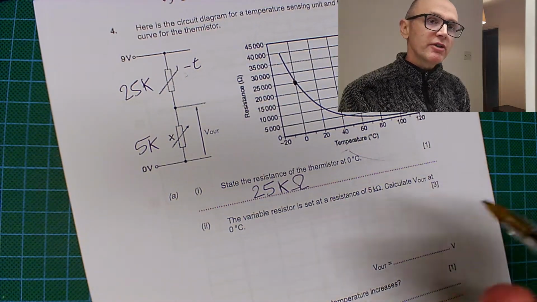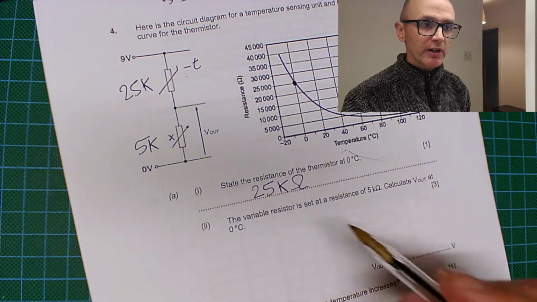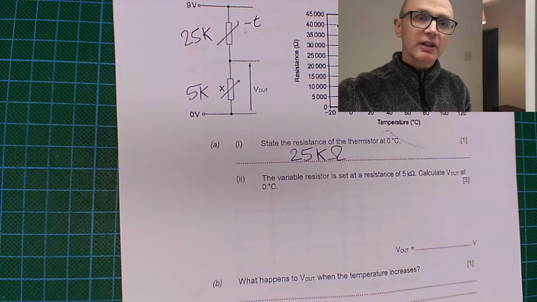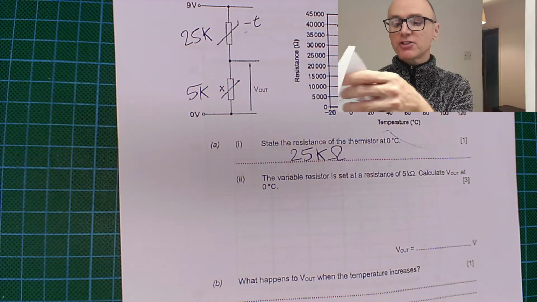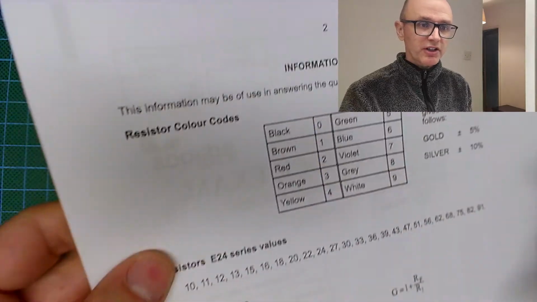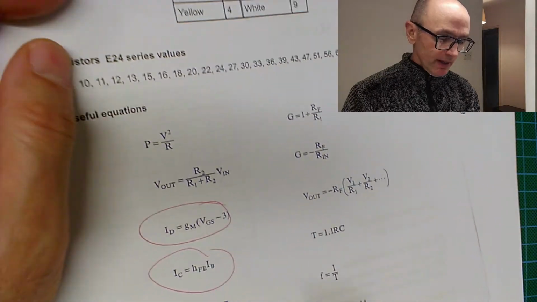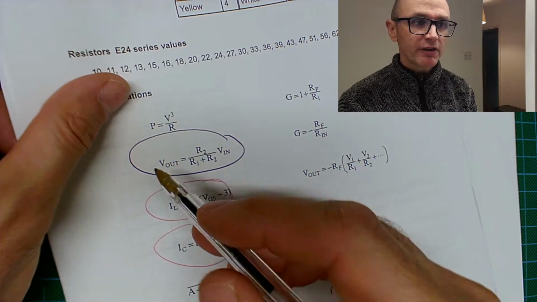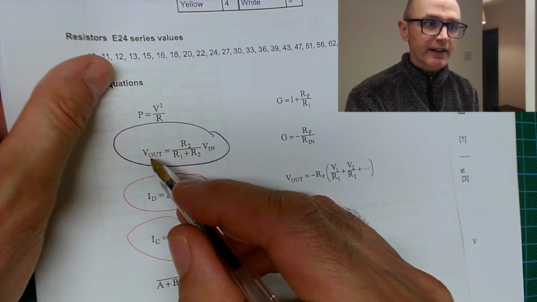Which is useful to know. It's not necessarily going to give you the answer straight away, but we can use the formula for that. So let's just grab the data sheet, which is inside the exam paper, and hopefully you'll be familiar with this one, which is the potential divider formula. It's saying we can calculate V out.